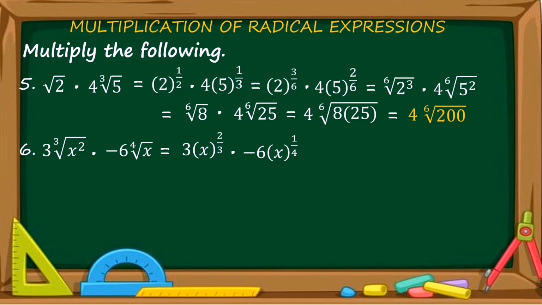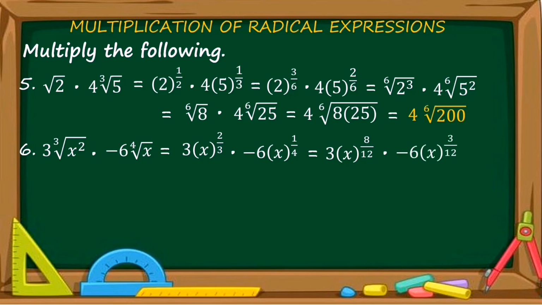Then 12 divided by 3 is equal to 4, times 2 will give us 8. So that is equal to 3 times x raised to 8/12, times negative 6 times x raised to 3/12, because 12 divided by 4 is equal to 3 times 1.